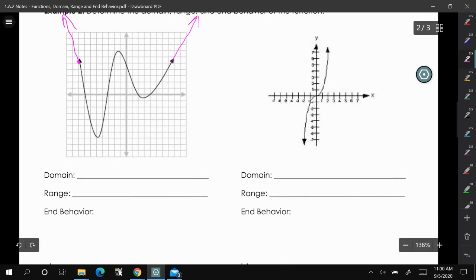So our domain, you can write it two ways. You can write it negative infinity, comma, infinity with parentheses. The parentheses means that those numbers are not included, and when we use infinity or negative infinity, we always have parentheses. So you can write it that way, or you can write all real numbers.